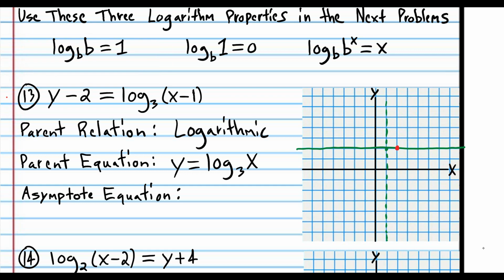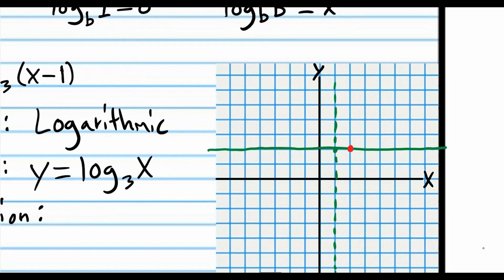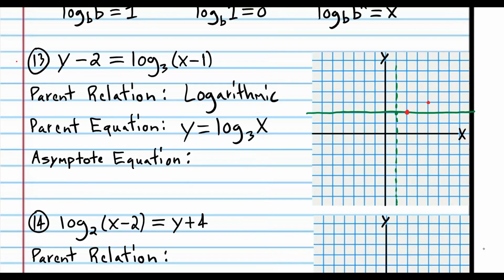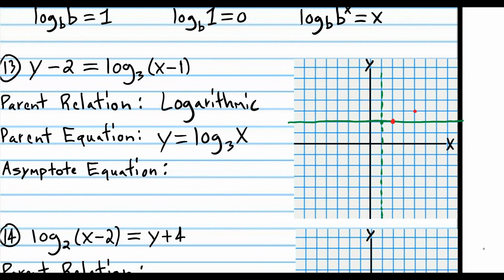So I'm going to plug in 3 for x because the base is 3. So I'm going to go out 1, 2, 3, and you always get 1 when you plug in that number if it's the same as the base. So now, what number do we plug in next?